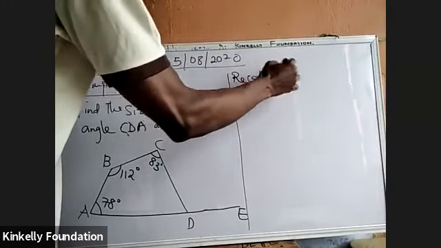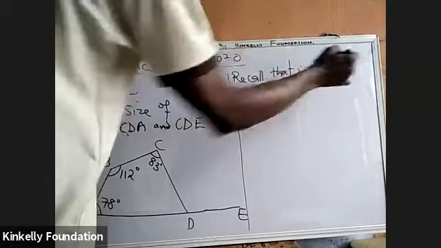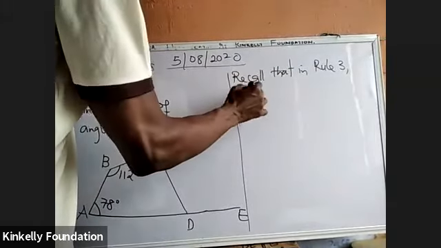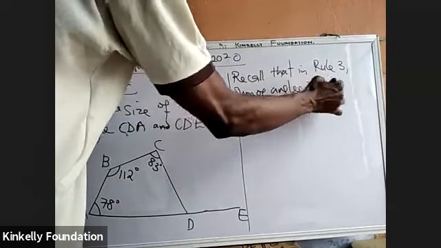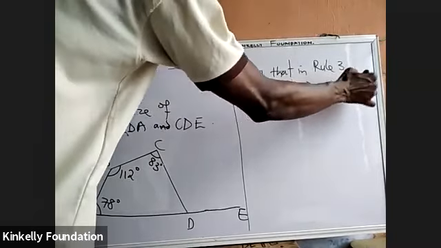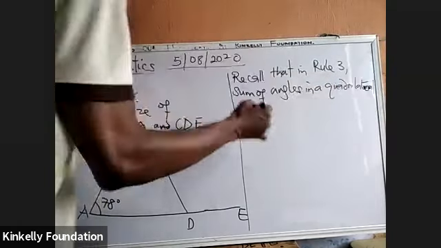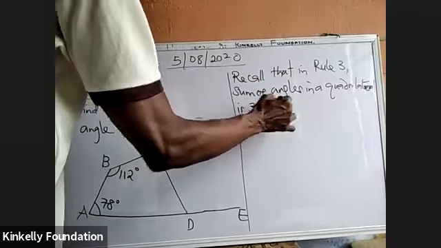Now, recall that the sum of angles in a quadrilateral is 360 degrees.